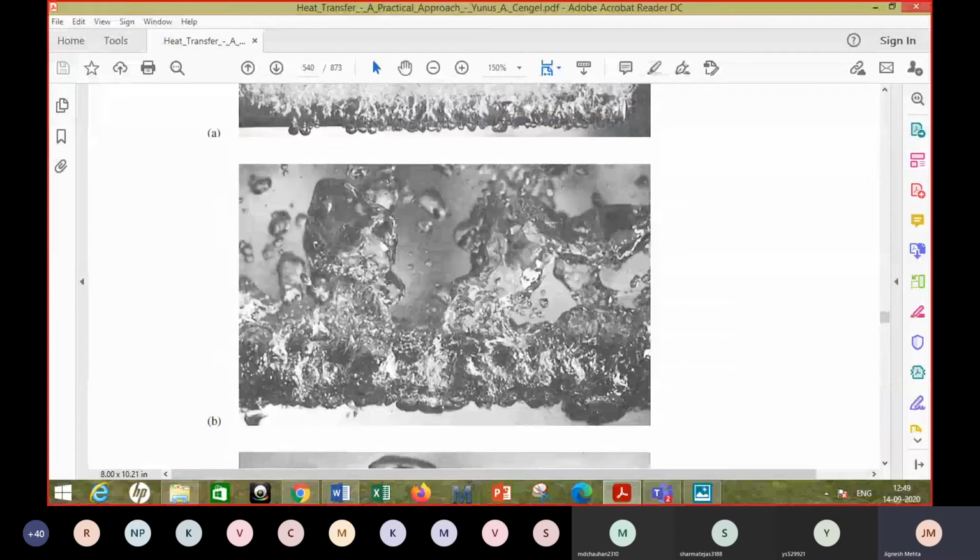So here this B is transition boiling. Of course, you could see the transition boiling in that video when the temperature of the surface was around 200 degrees Celsius, right? There were large pockets of vapor, and sometimes that area was again occupied by liquid, and that bubble got detached and moved up, but again liquid took its place, but again there was a large vapor bubble there, and again that got detached and moved up, and so on.